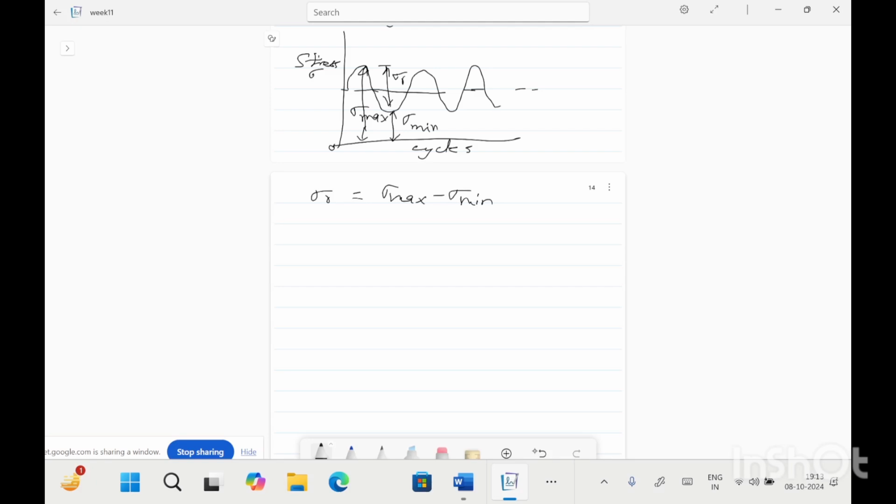This is the range of stress. The mean stress can be written as sigma max plus sigma minimum divided by 2.